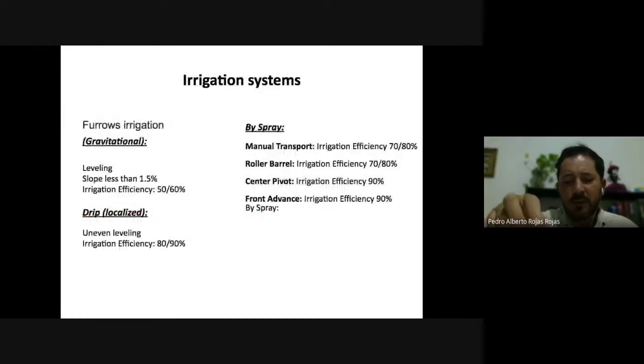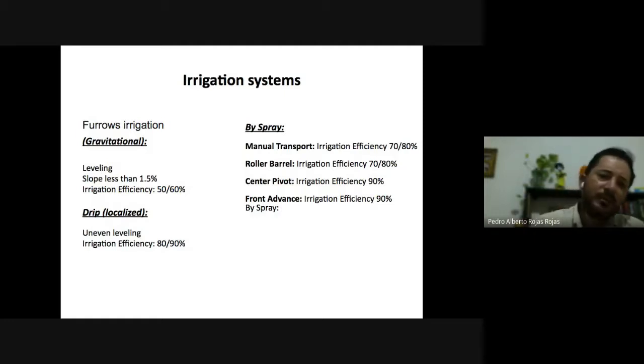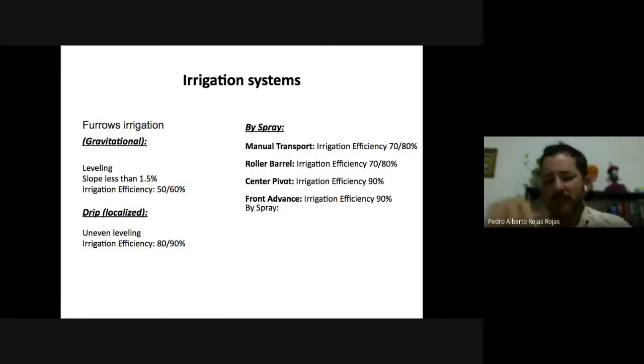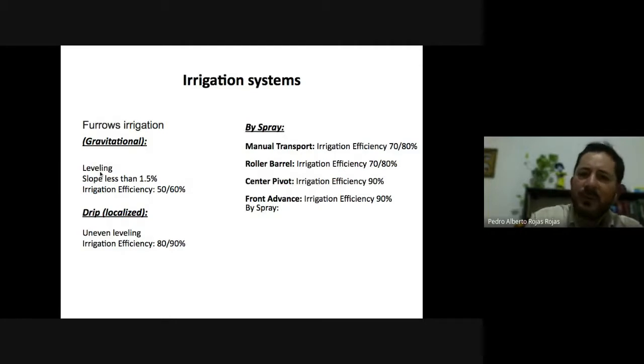So talking about the ways to make a good irrigation in the crops, you need to apply the water in three different forms. One of them is the gravitational system, but it has a condition. The soil has to be well leveled.